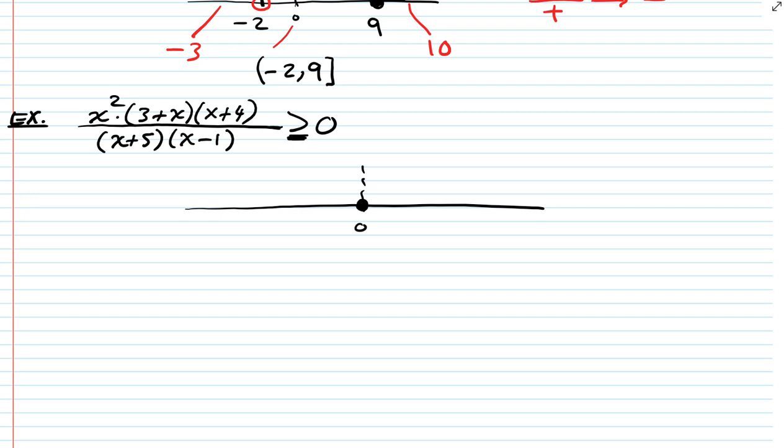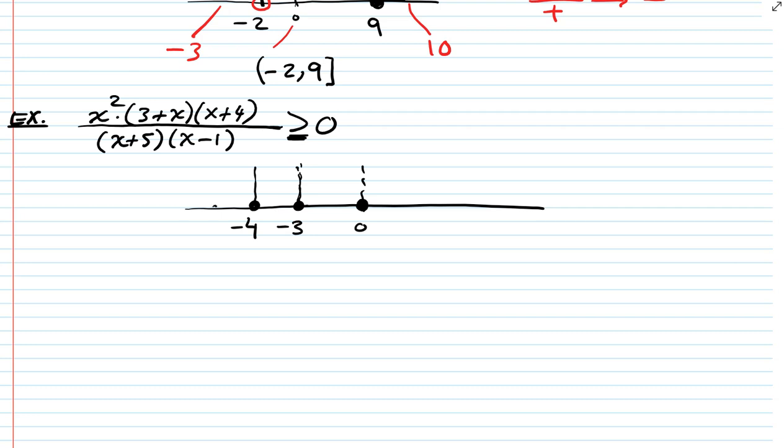Well, negative 3 makes that a 0. So here's negative 3. It's going to be solid because it makes the numerator 0, denominator non-zero. The ratio is 0. X plus 4, and negative 4 makes that factor 0, correct? And 0 divided by non-zero is 0.